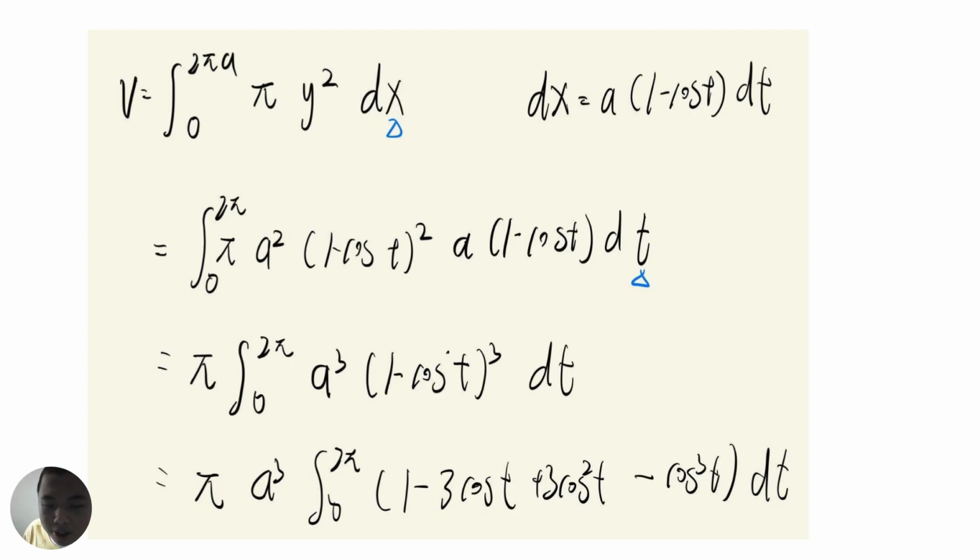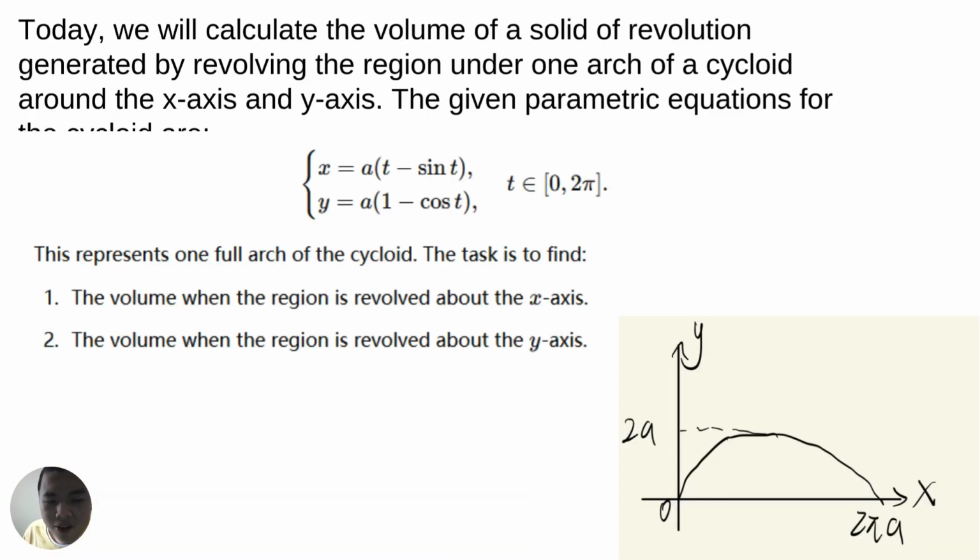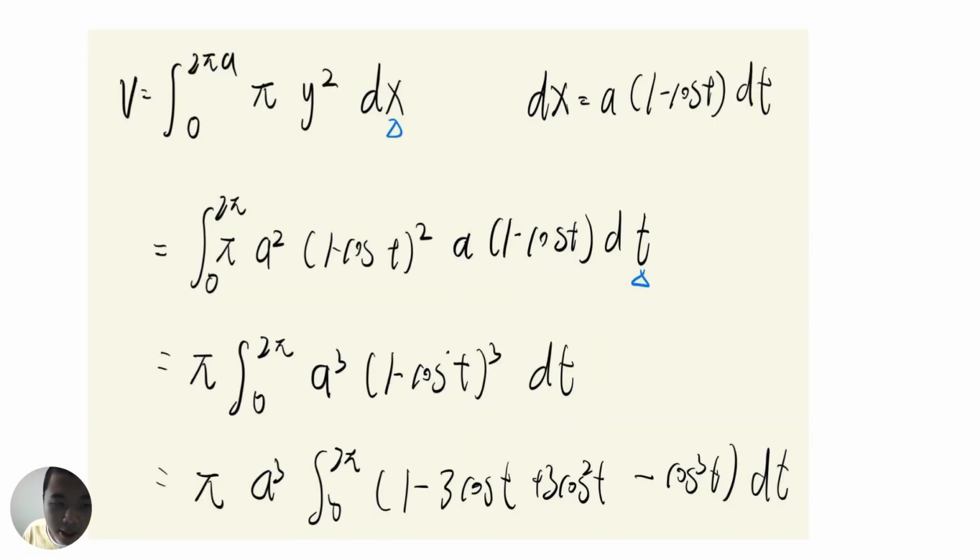Then we change dx to a(1 minus cosine t) dt. Please be careful. Here it's dt, so we should change the limits from 0 to 2 pi a to from 0 to 2 pi. And we can calculate like this.